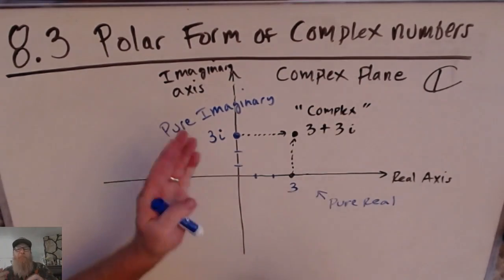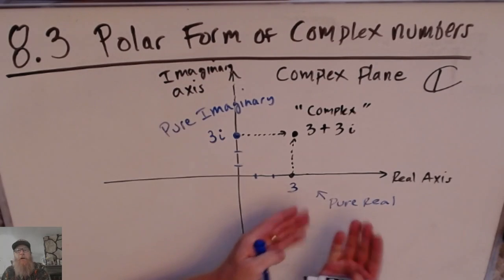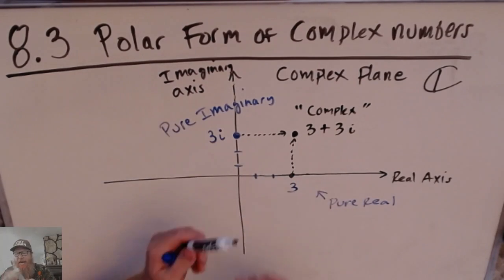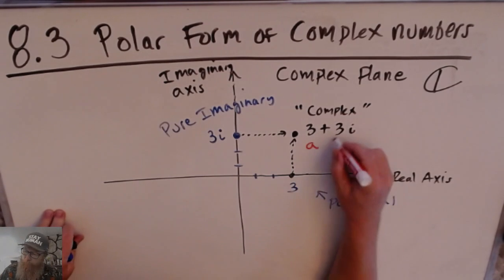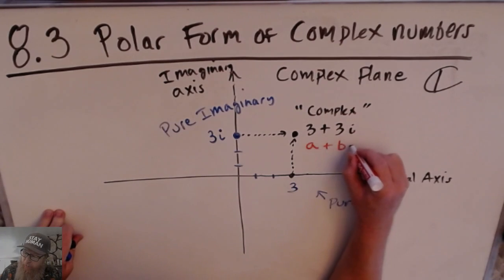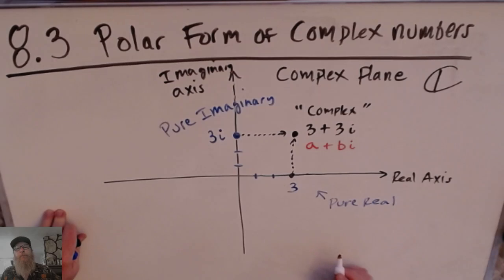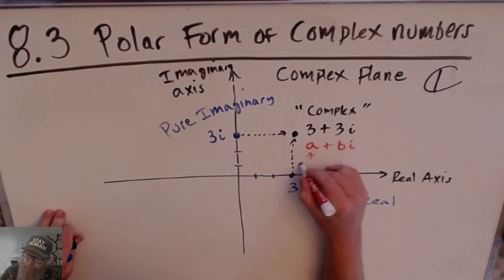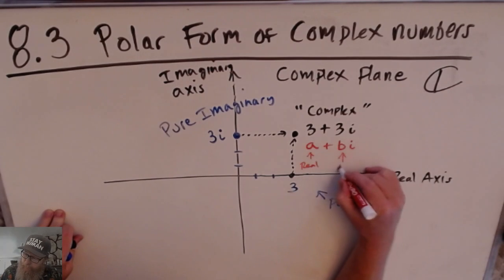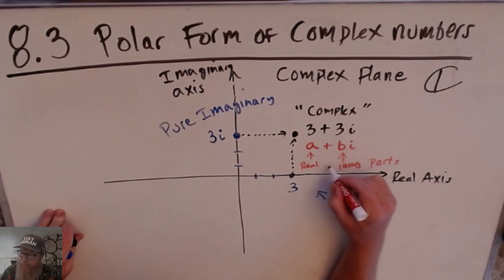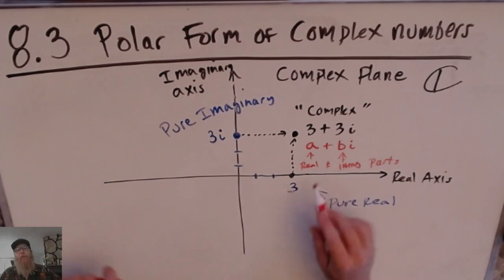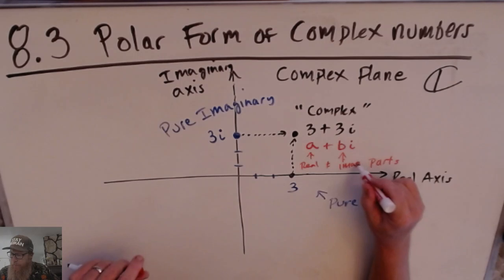It's built out of two parts. It has a real part, a, called the real part, and the imaginary part, bi. So we dissect the number into its real and imaginary parts.